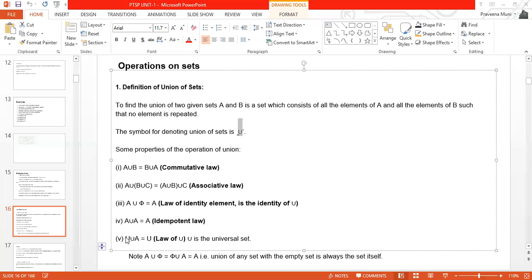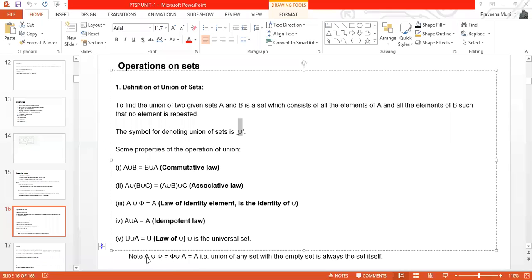And you know that capital U is called the universal set. U union A is equal to U only. This is called the law of universal set. And we also know that A union null set is equal to null set union A, which is equal to A only, since the null set does not contain any element.